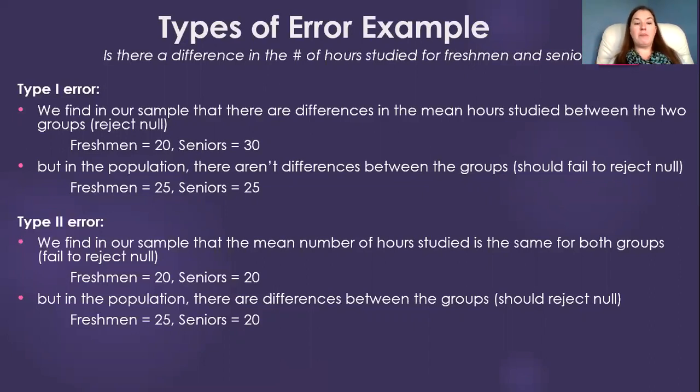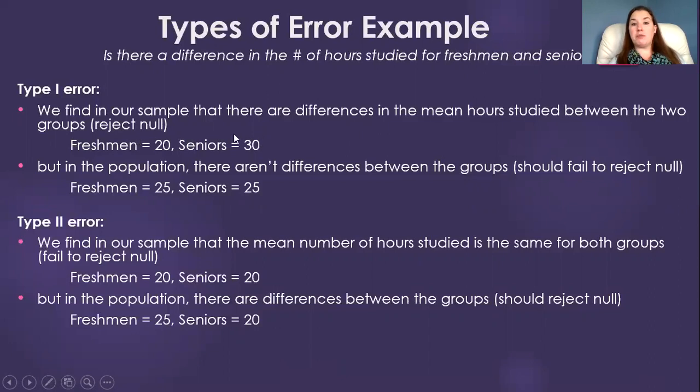Perhaps in our sample we find that in a week, which makes more sense, nobody's studying 20 hours a day, freshmen study 20 hours per week, and seniors study on average 30 hours per week. So our sample shows that there are some differences, right?